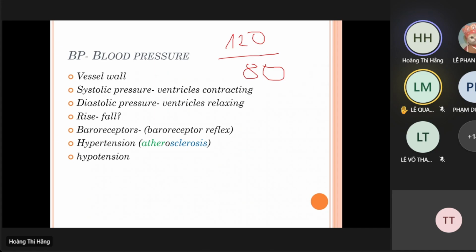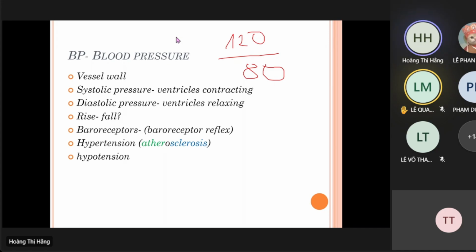The blood pressure. The upper number 120 is called systolic pressure. And this number is taken when the ventricles are contracting. Okay, contracting.